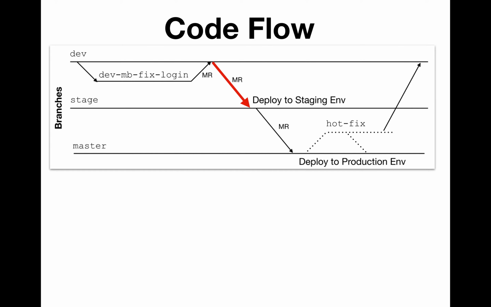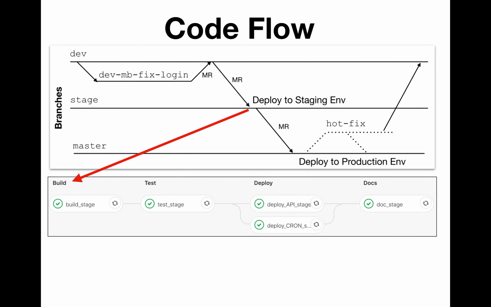So once it gets reviewed, and after some time goes by, maybe towards the end of a sprint or whenever it feels right, the dev branch will get pushed into the stage branch. And at that time, a GitLab Runner will get triggered off of that event.